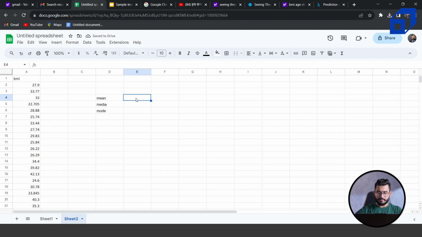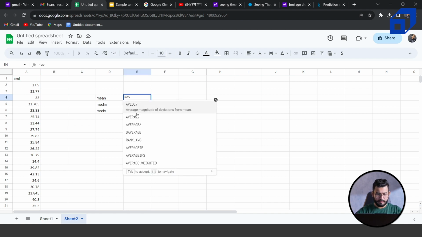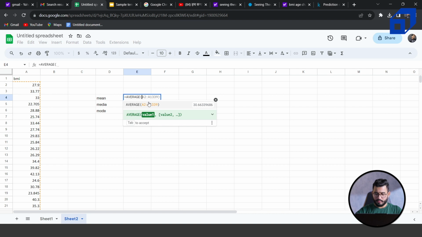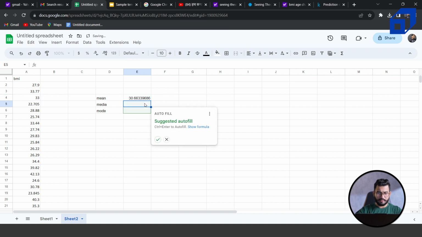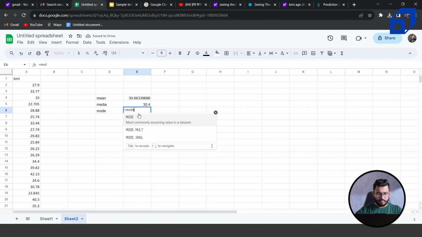What is the average BMI? It is equal to average of this column. What is the median? Median of this column. And what is the mode? Mode of this column.